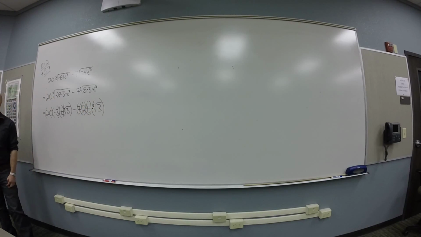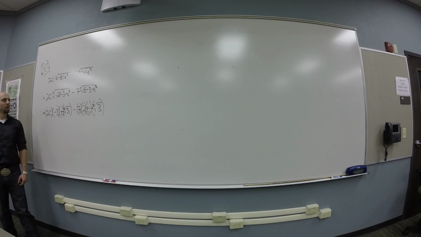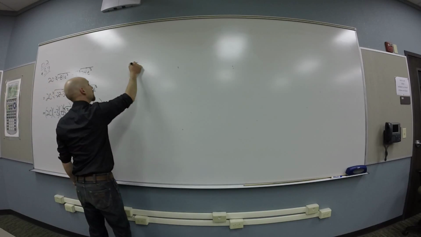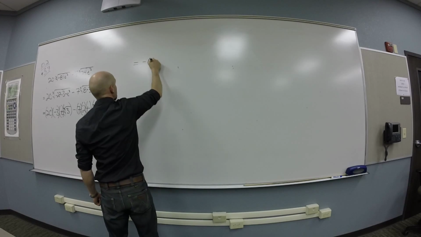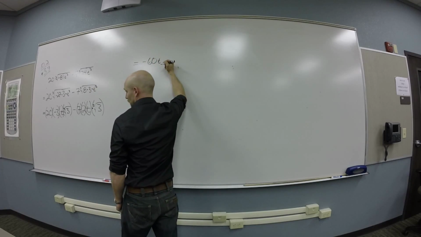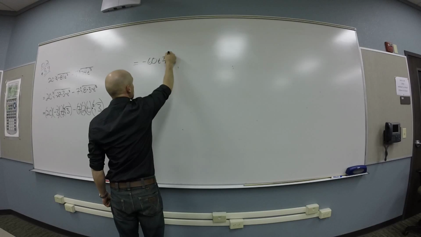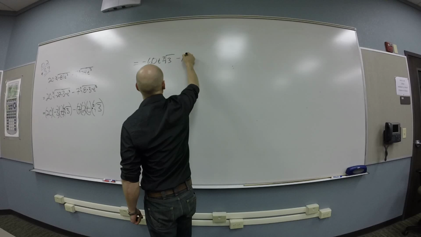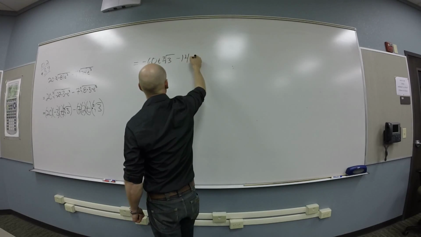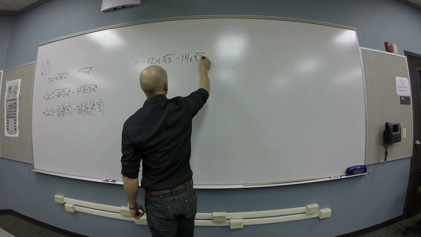Maybe I should multiply some stuff out, right? What can I multiply out here? Negative 60t cube root of 3. And then minus 14t cube root of 3.